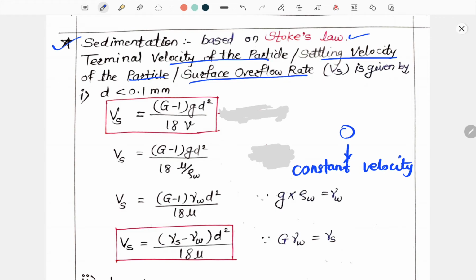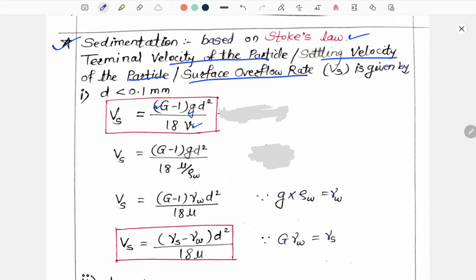This terminal velocity is given by Vs = (G - 1) g d² / 18ν, where G is the specific gravity, g is the acceleration due to gravity, d is the diameter of the particle, and ν is the kinematic viscosity of the fluid.